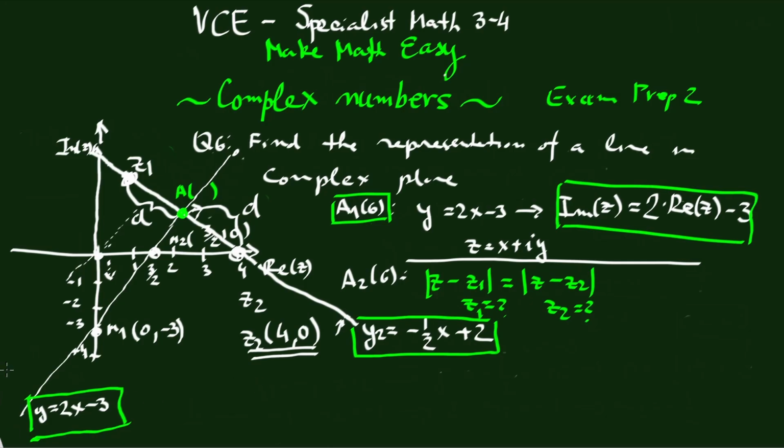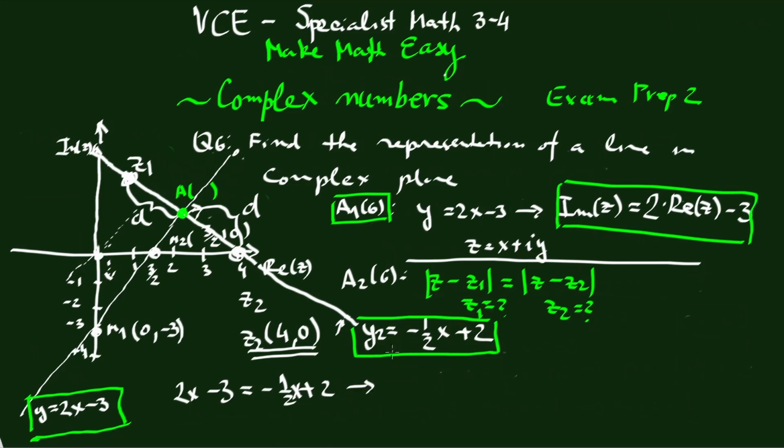So obviously that's the intersect of these two lines. So we have that 2x minus 3 is equal to minus 1/2 of x plus 2.